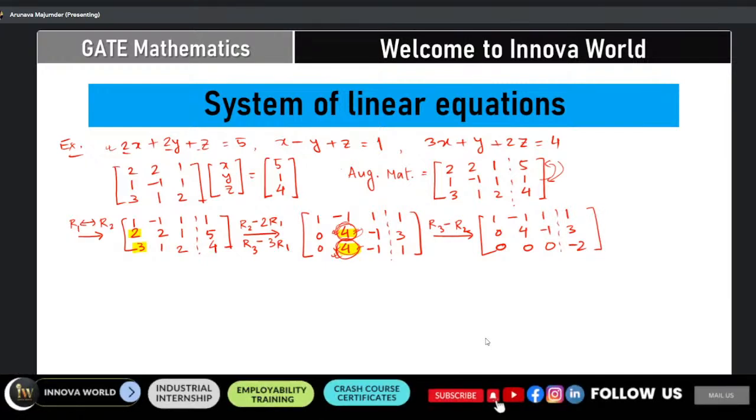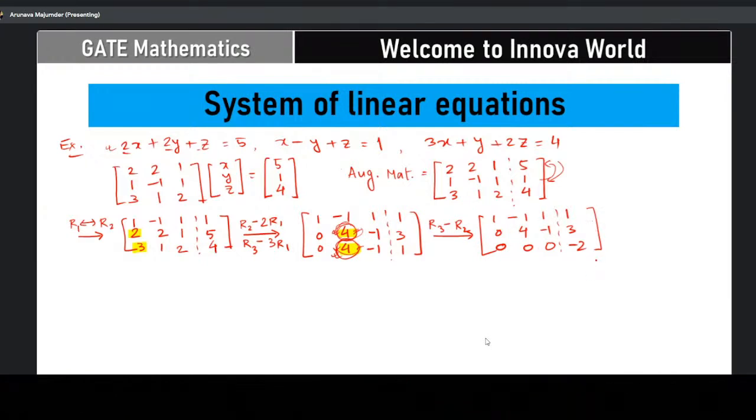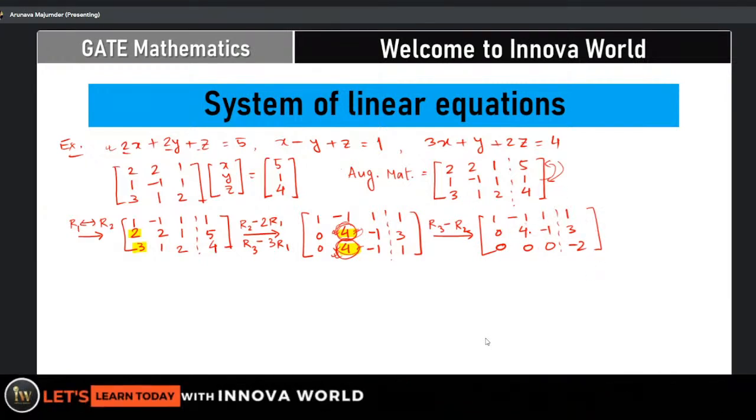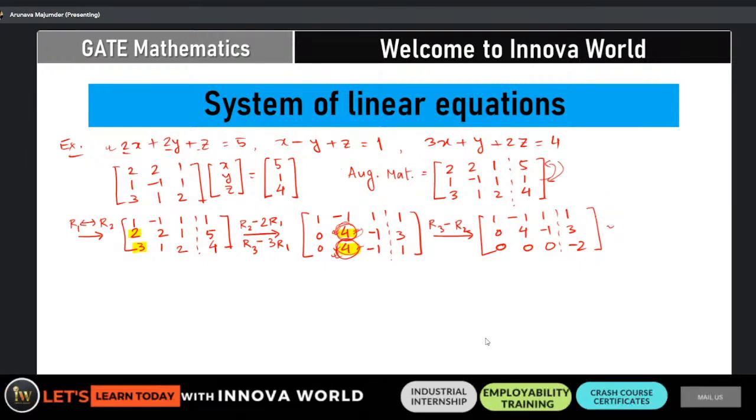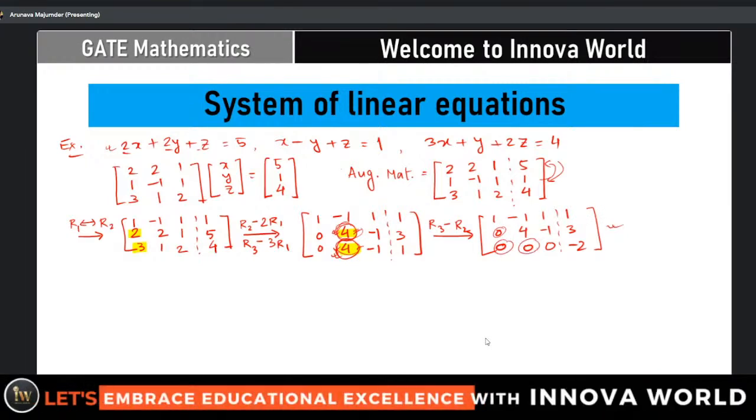Okay, so look at this matrix. Actually, this matrix is a non-square matrix. The number of rows is 3 and the number of columns is 4. It's a non-square matrix, but our required form is achieved now. Okay, so these two elements are 0 and this element is also 0, so we don't go further because we already have the rank of this matrix.